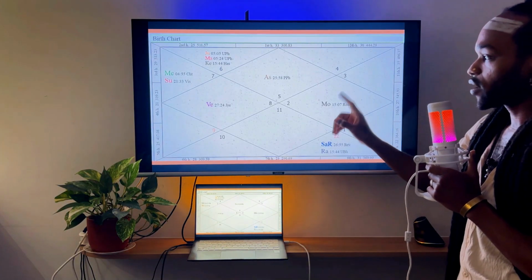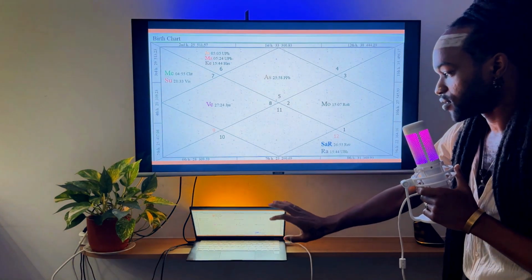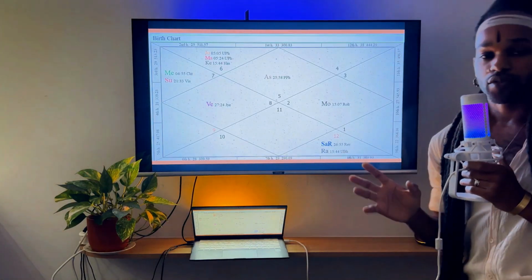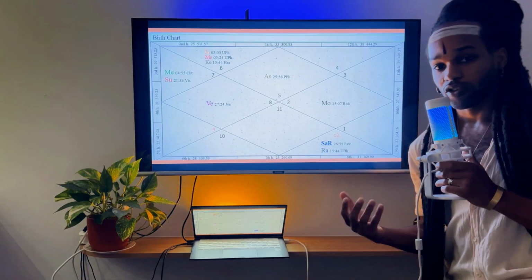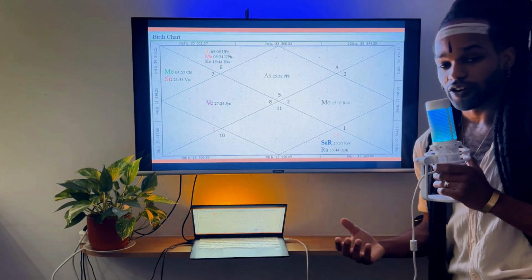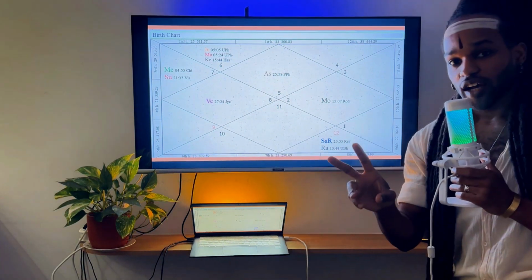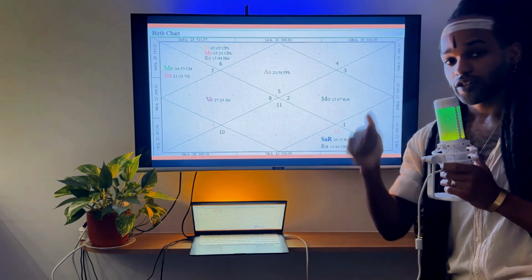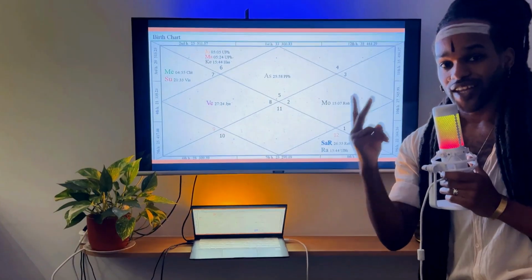Here, let me put this down a bit so you can see better. There are two things that people don't know about when it comes to a chart, and this is something you can only really see in a Vedic astrology chart, not in a Western astrology chart. There are two different kinds of partners, love interests, in your chart: the kind of partner that you want versus the kind of partner you tend to get.